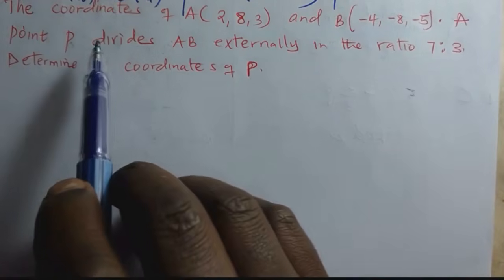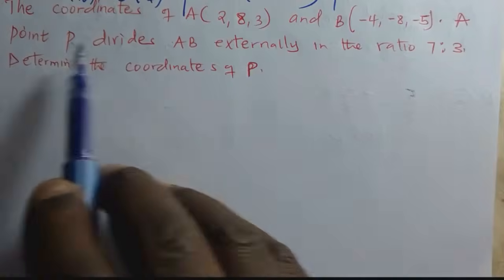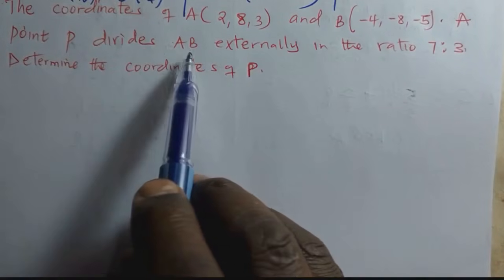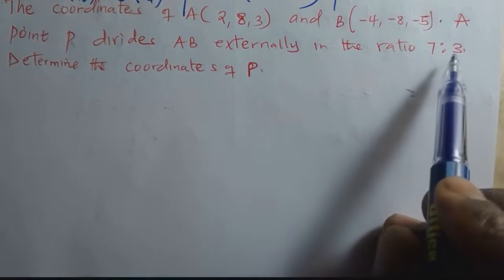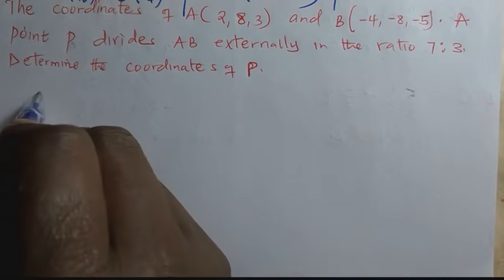The coordinates of A, this, and B, this one. A point P divides AB externally in the ratio 7 to 3. Determine the coordinates of P. Sketch.